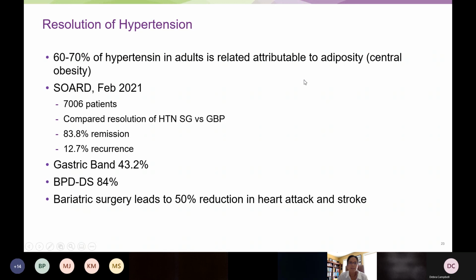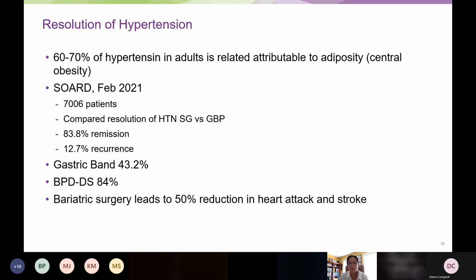Hypertension is also something that's directly related to being overweight, especially central obesity. About 60 to 70% of hypertension occurs in patients that have this central obesity. There was a recent article in the February issue of SOARD of this year that looked at 7,000 patients.